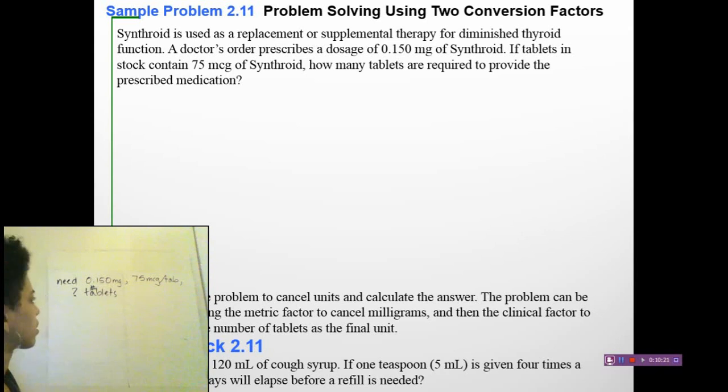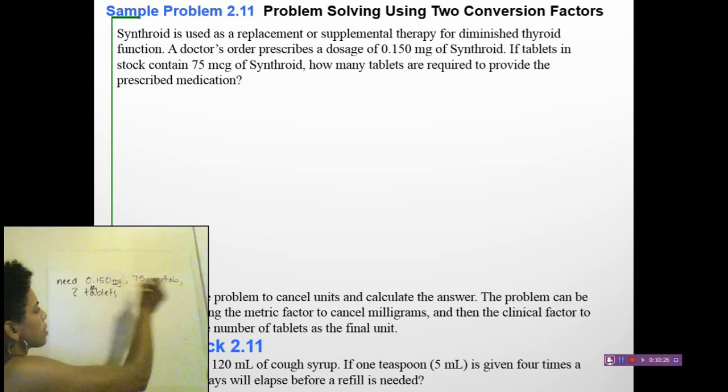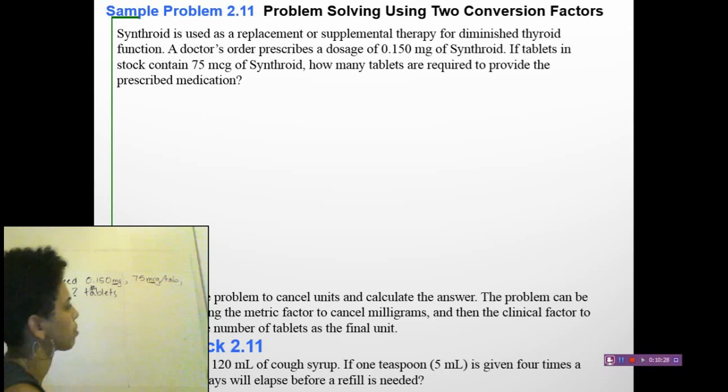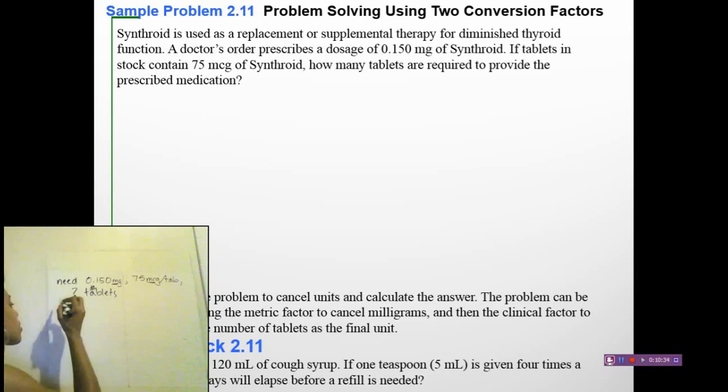All right. So notice that I have milligrams here and micrograms here, right? So I'm going to have to do a conversion in there somewhere.